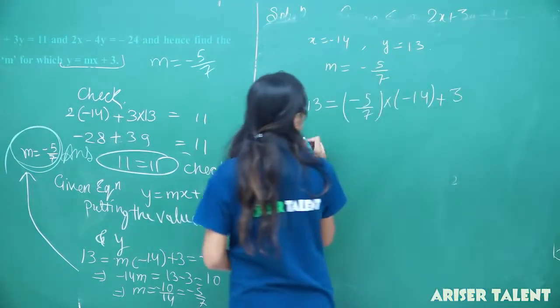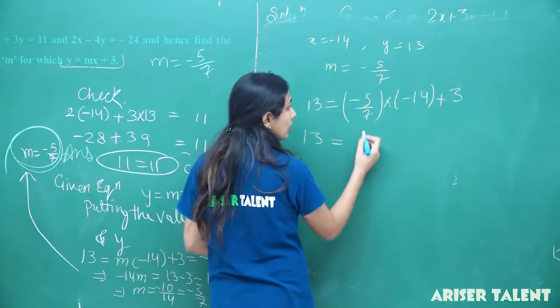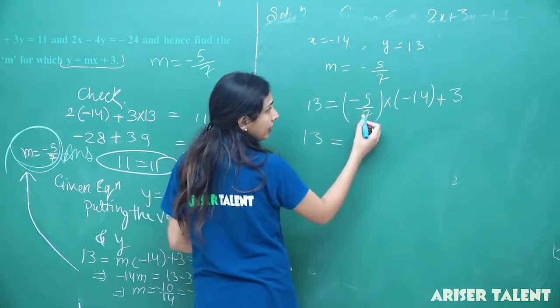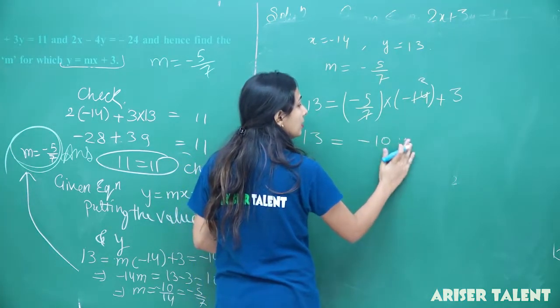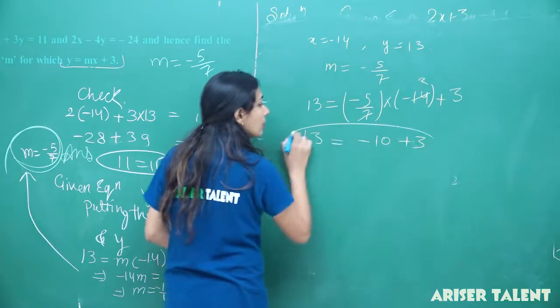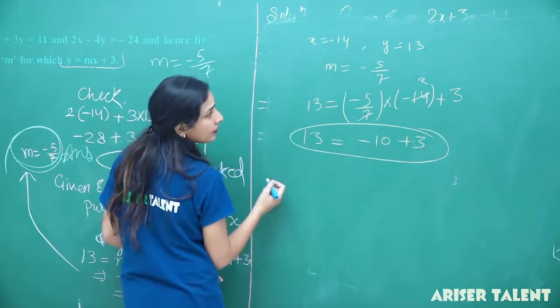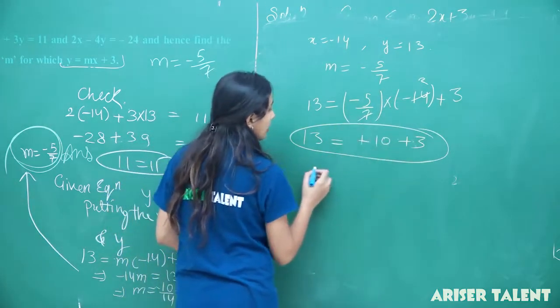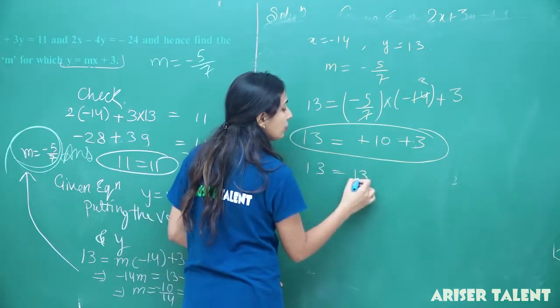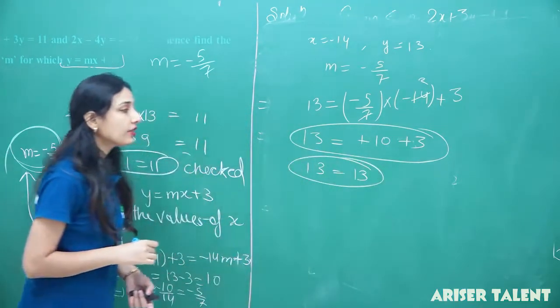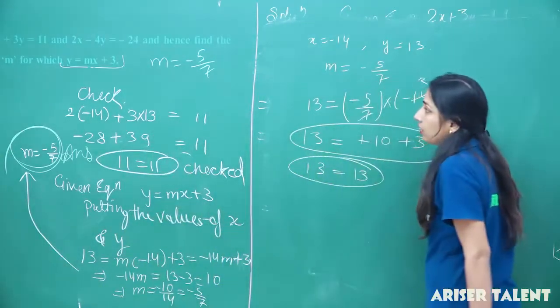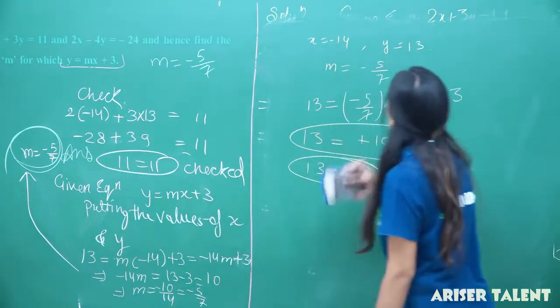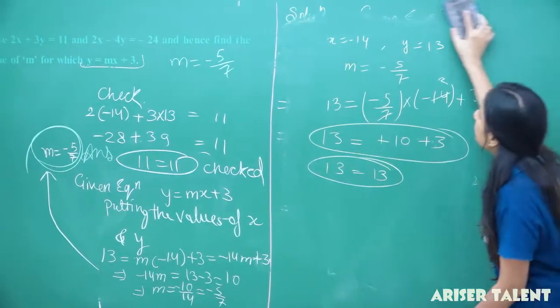So that will be minus 10 plus 3... this is 13, and right here it is also 13. So 13 is equals to 13, the solution is correct again. Students, I am just rubbing the complete solution here.